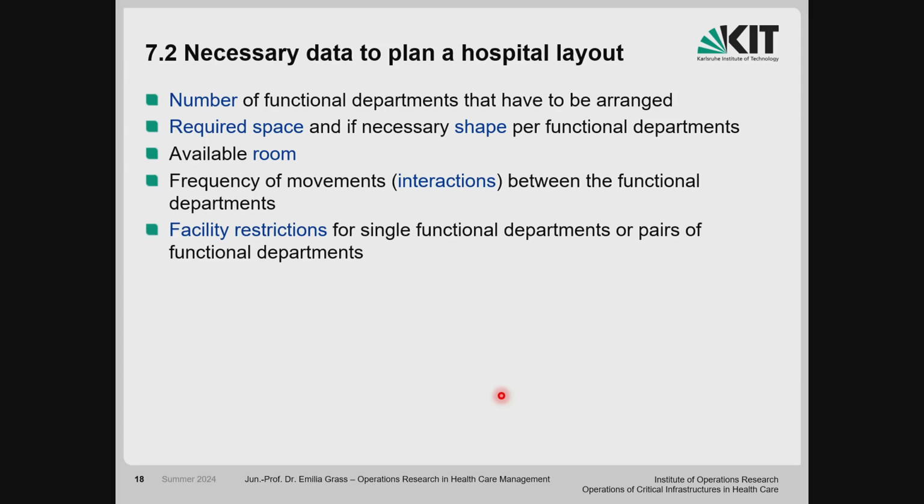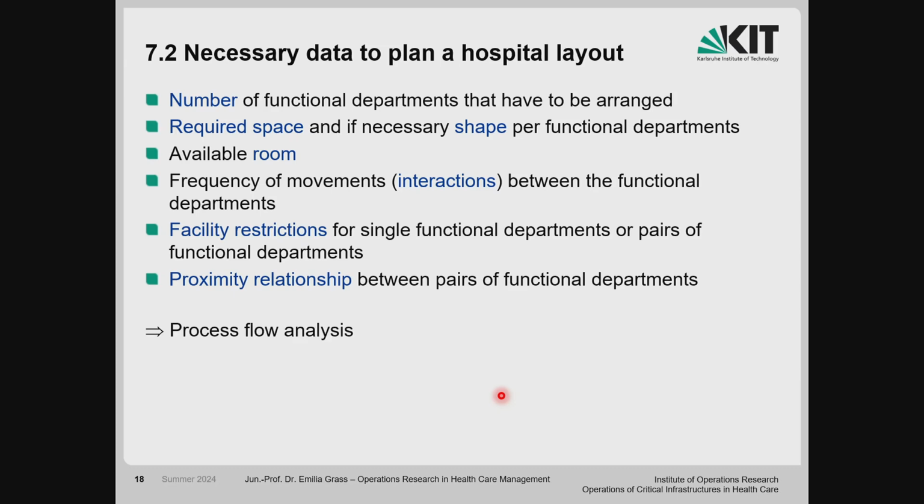And then facility restrictions. So for instance, the intensive care unit requires maybe some kind of heavy equipment, and then it cannot be assigned to a specific room due to some kind of static reasons or some kind of physics I'm not aware of. But we have to take this into account as well. And then the proximity relation, so how close should the units be to each other? Maybe sometimes they have to be close, sometimes not.